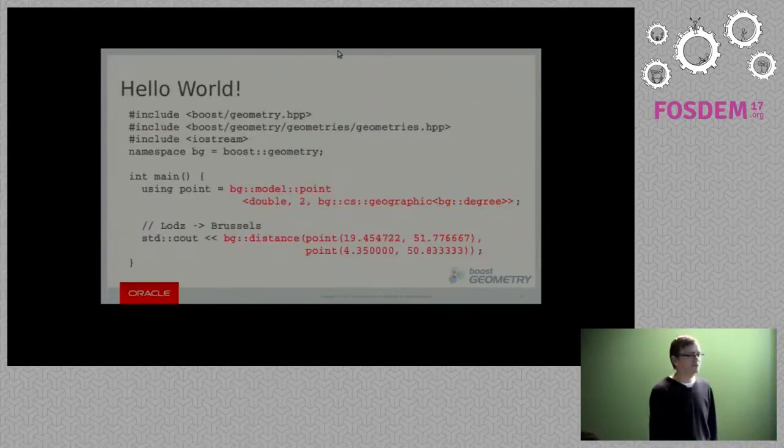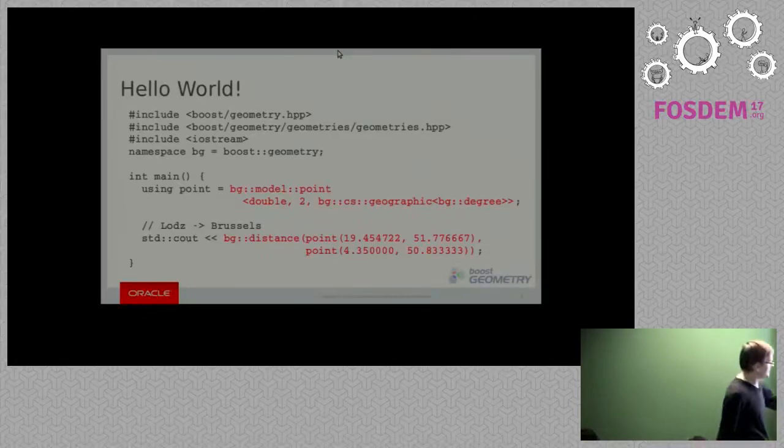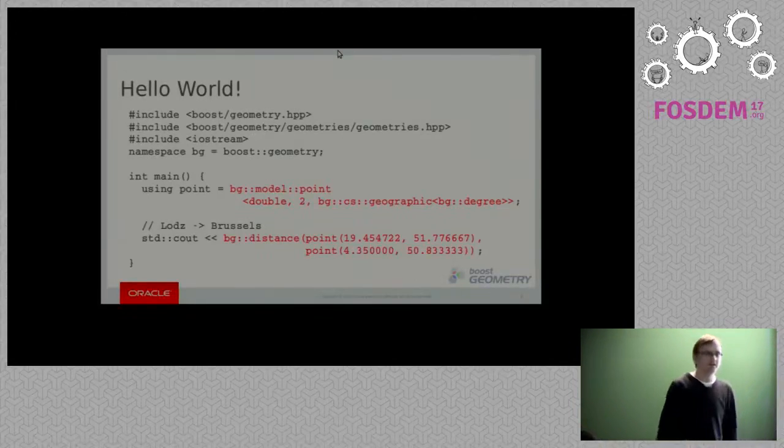The only difference between... well, as you can see here, as I said, the metadata like coordinate system is contained in a point type, right? It's bound with the point type. Here you can see that the point will be using a geographic coordinate system and the units are degrees.